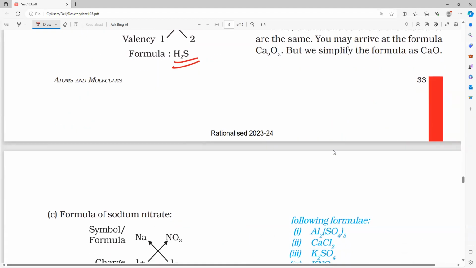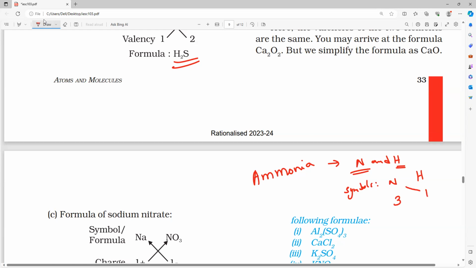Next, you take ammonia. These are the remaining compounds. Ammonia: what are the constituent elements? Nitrogen and hydrogen. So now, the symbols: N and H. What is the valency of nitrogen? 3 electrons are needed to become stable.